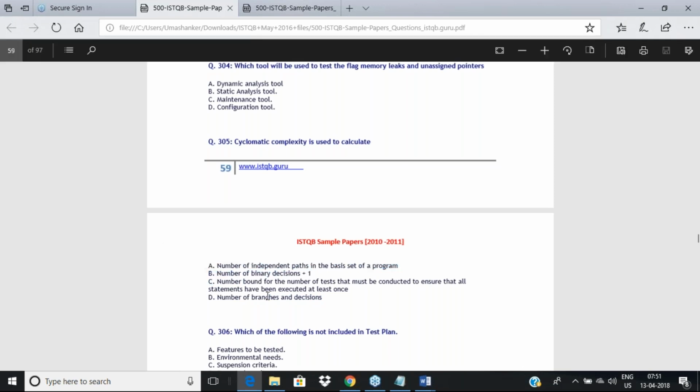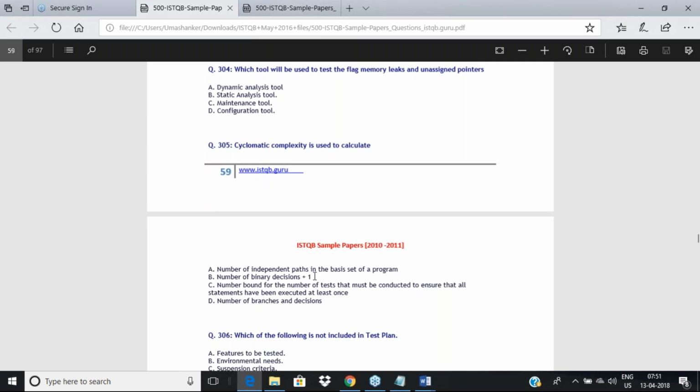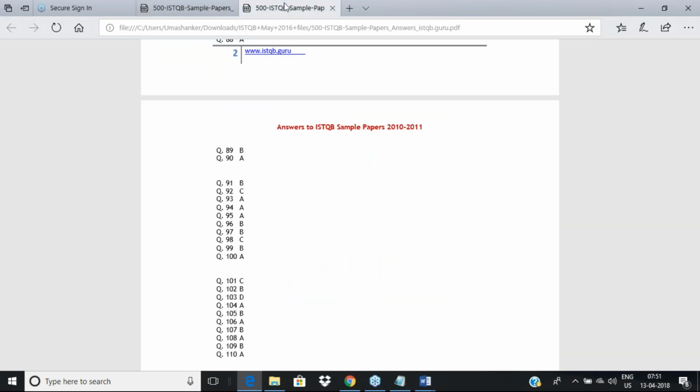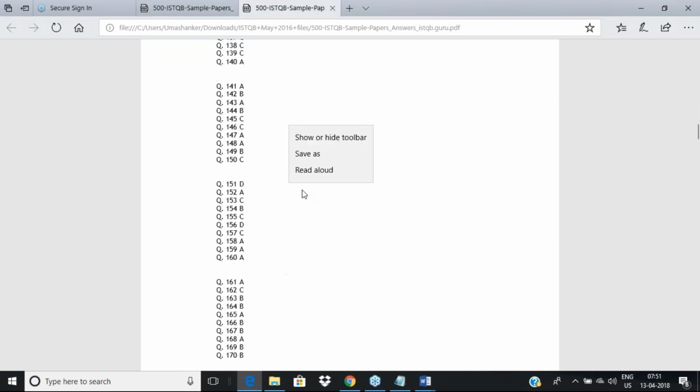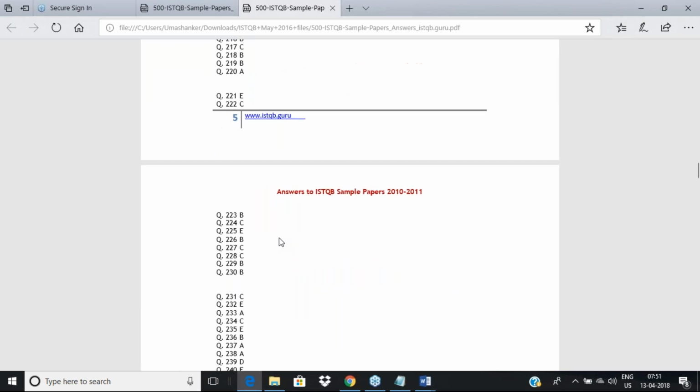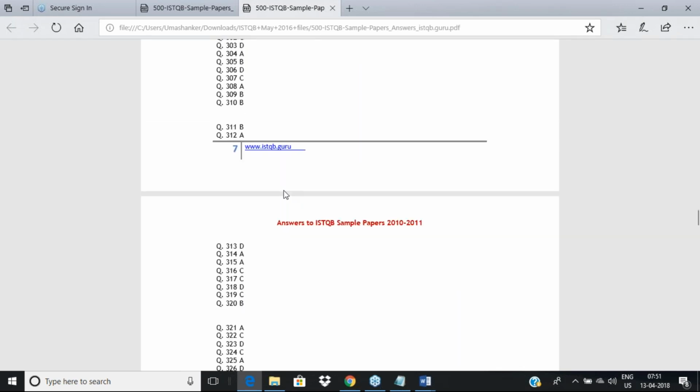That's not the overall idea. Cyclomatic complexity is used to calculate what? To calculate the number of independent paths, no, A is not the answer. Number of binary decisions plus one seems promising. Number bound for the number of tests that must be conducted, no. The promising answer seems to be B, because I've explained it, right? It's conditions plus one. It's to calculate that.